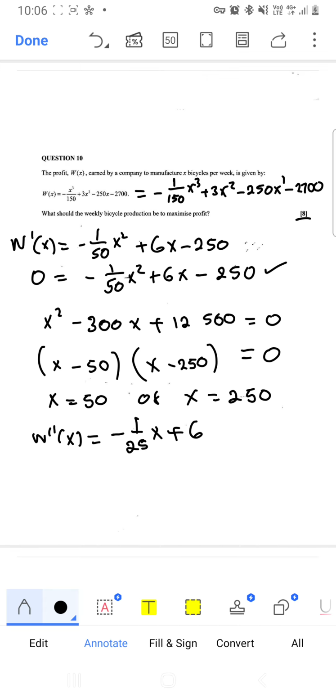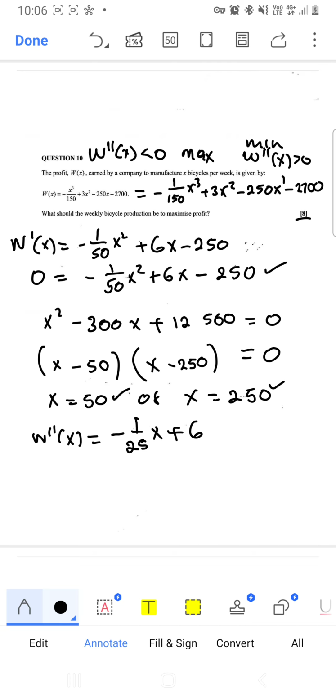So we have to substitute these values of x into this equation. If the second derivative of W of X is less than 0, it means we get the maximum. And if the second derivative of W of X is greater than 0, it means we get the minimum, right?